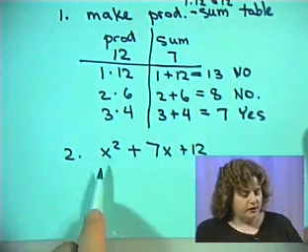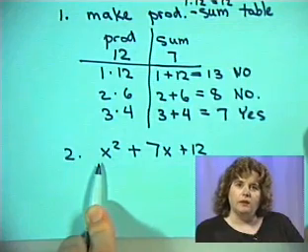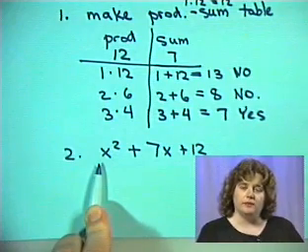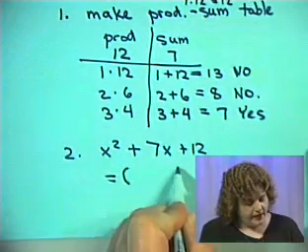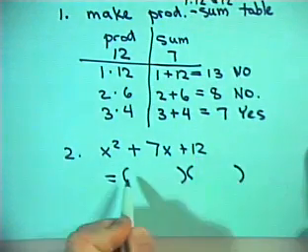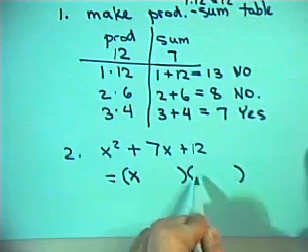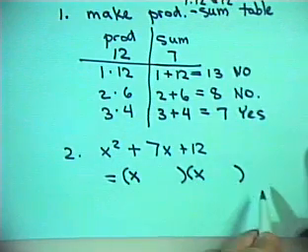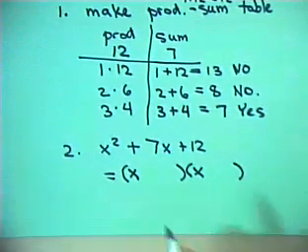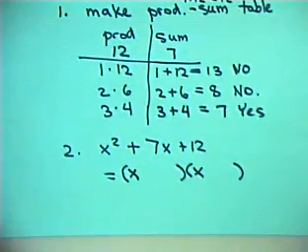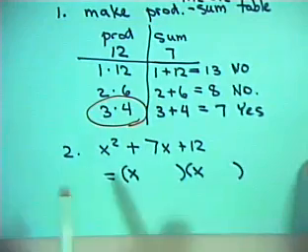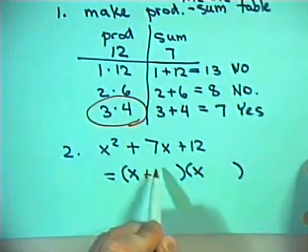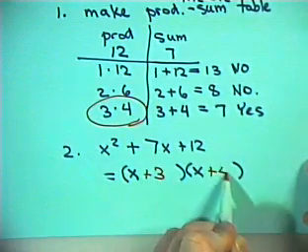Since we just have 1x squared, we can go right to the factored form. We know that we're going to have x plus something times x plus something else. Those somethings are the 3 and the 4 that we found in our product sum table. So what we'll do is we'll write x plus 3 times x plus 4.